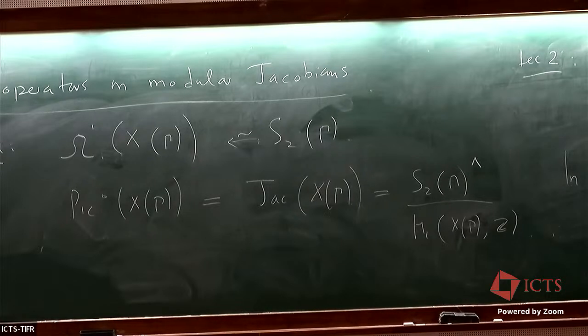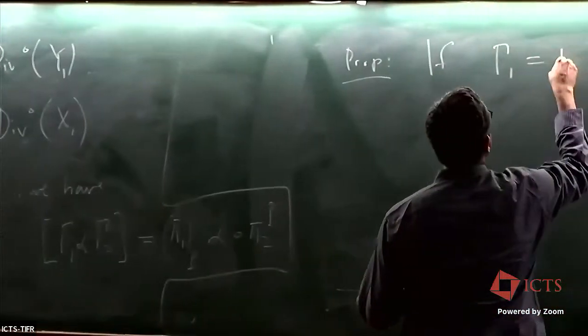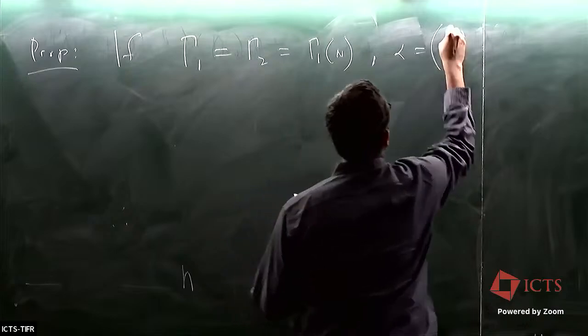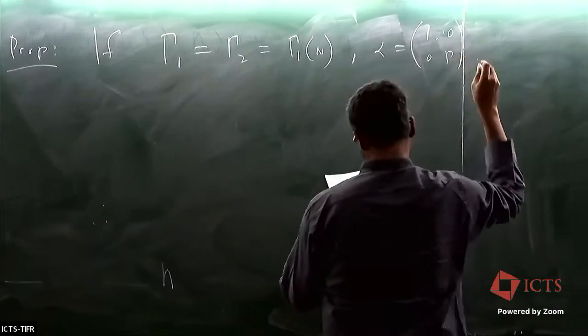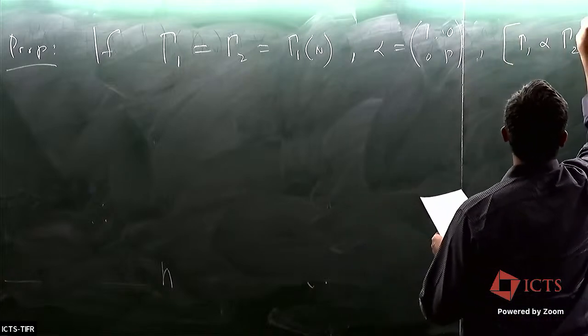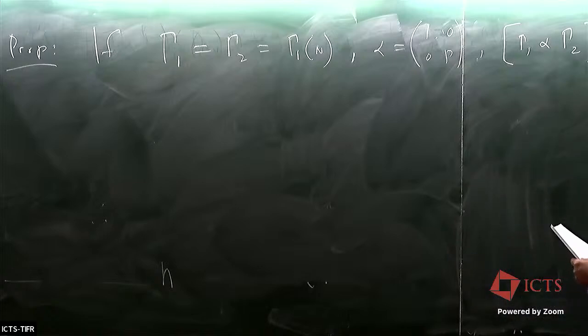So here's the proposition first, which I won't prove. You have to check this. Indeed, everything is very nice, and this action on divisors translates to a very natural action on the other side. Proposition: if Gamma 1 and Gamma 2 are just Gamma 1 of n, so let's do the Hecke operator T_p, and alpha is (1 0; 0 p), then Gamma 1 alpha Gamma 2 is just my definition of T_p. We saw that yesterday.